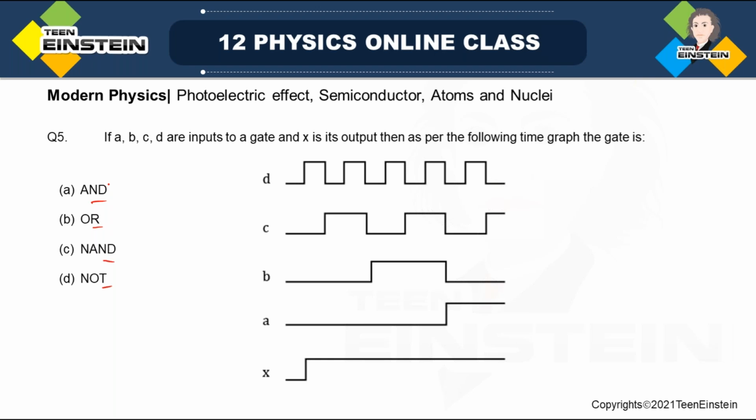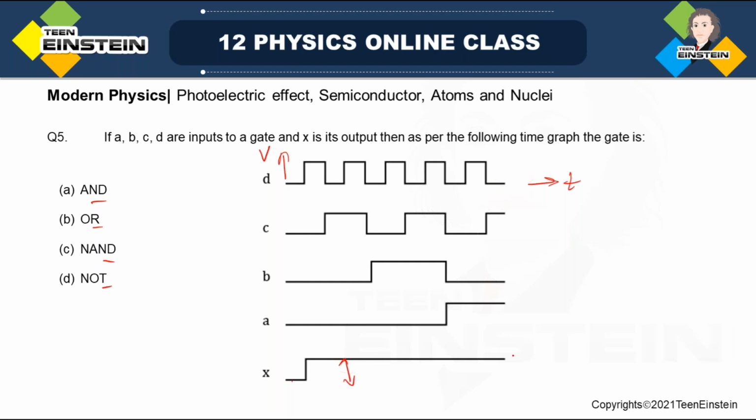A, B, C, D are inputs and we see how they vary with time. This is the time axis, and this is voltage. So voltage is changing with respect to time, and this is the output. You can see this is the high output and this is the low output.